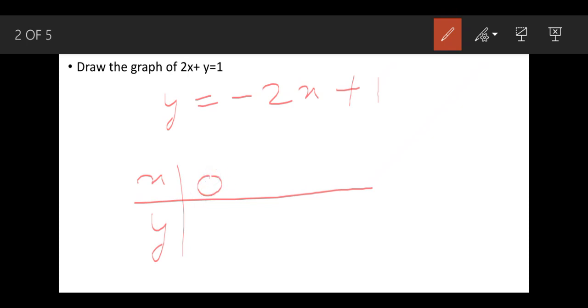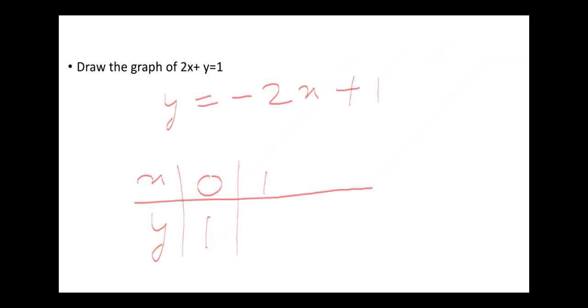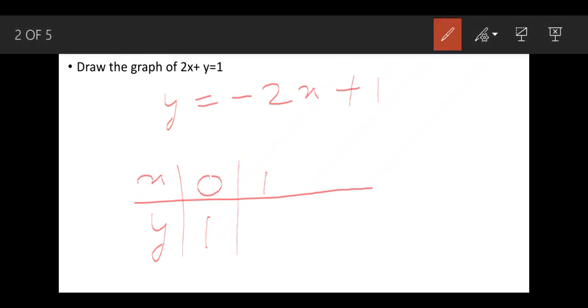If we take x is equal to 0, on putting it in the equation y is equal to minus 2x plus 1, minus 2 into 0 will be 0, plus 1 will be 1. So we will get y is equal to 1. Then if we put x is equal to 1, minus 2 into 1 will be minus 2, plus 1, so minus 1.